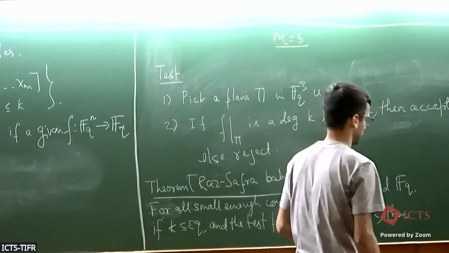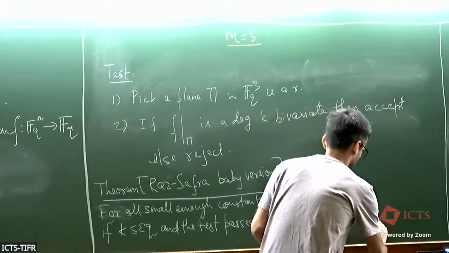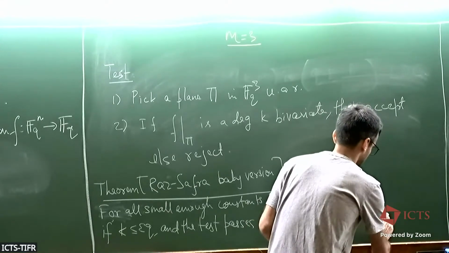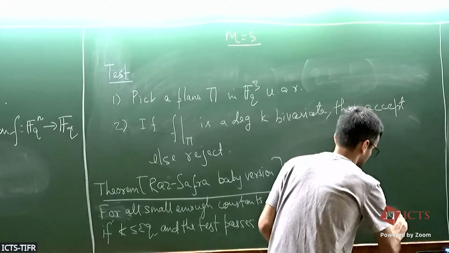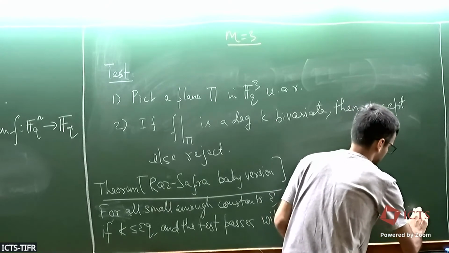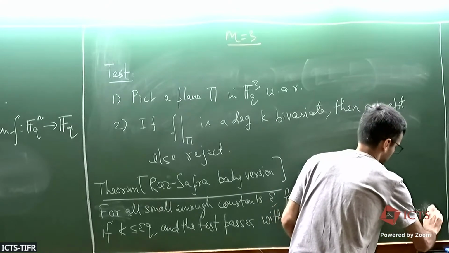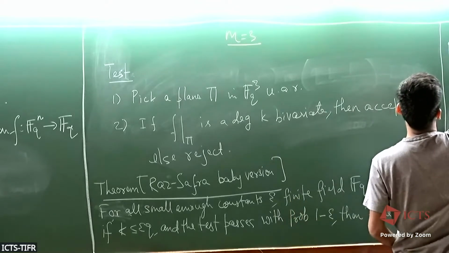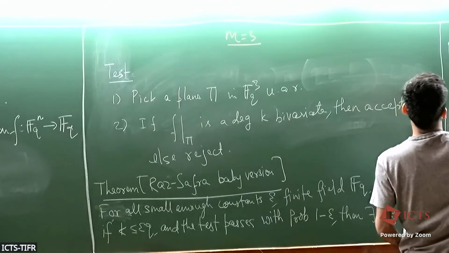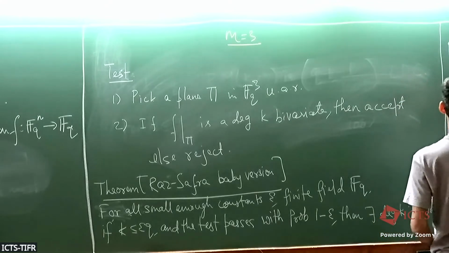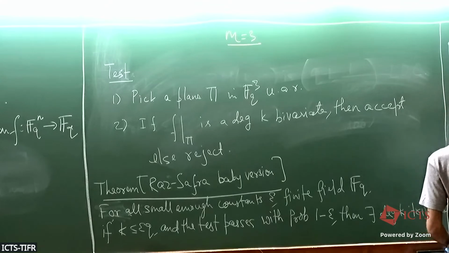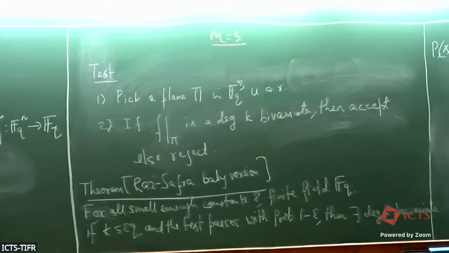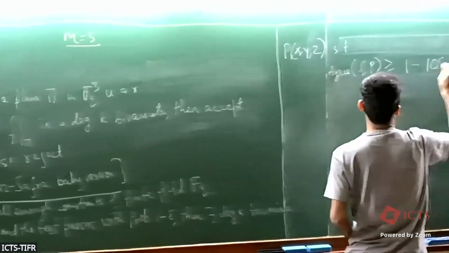then there is a degree k trivariate polynomial P(X,Y,Z) such that the agreement of F and P is at least, let's say, 1 minus 10 epsilon.